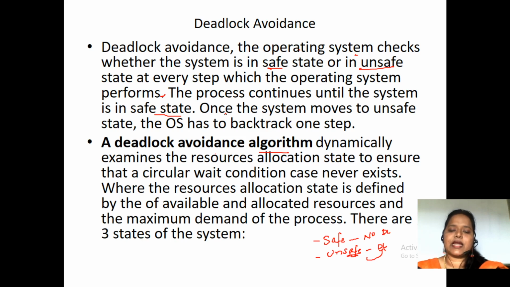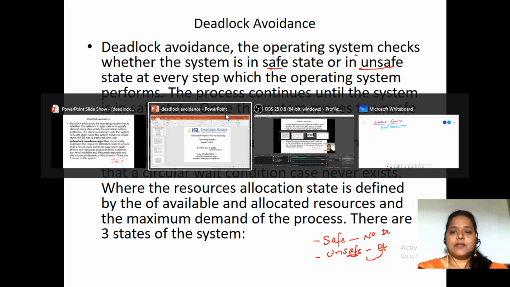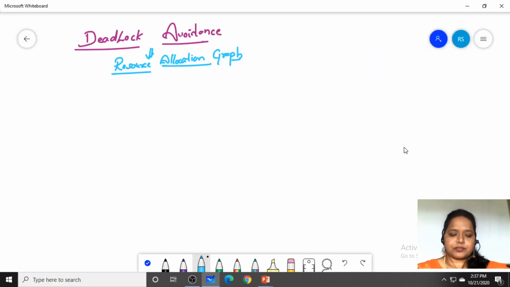A resource allocation graph has resources as well as processes. And when we talk about the resource allocation graph, we definitely have to talk about the graph. Fine. So today we are going to discuss this resource allocation graph.